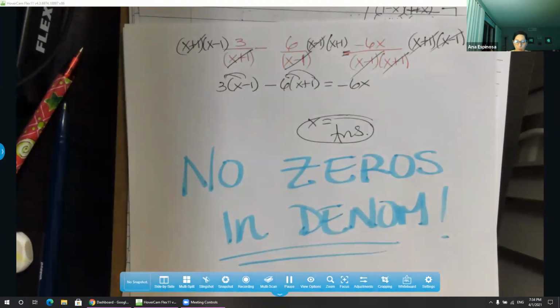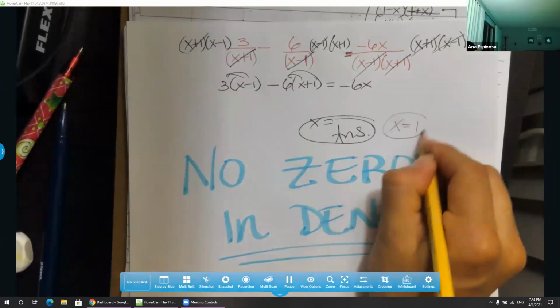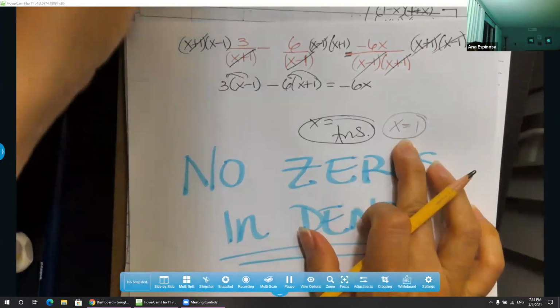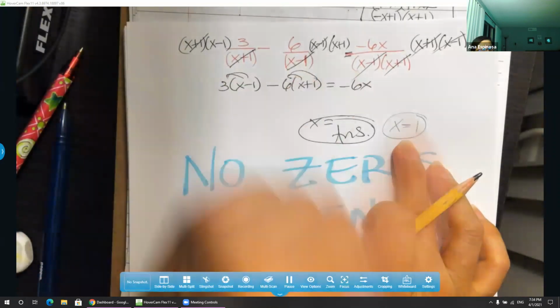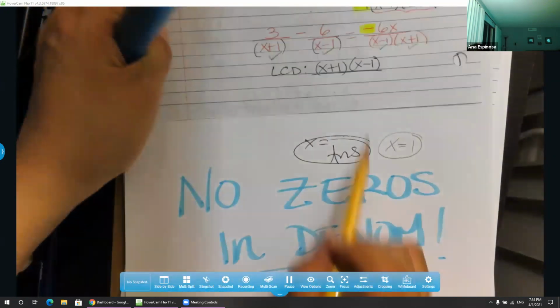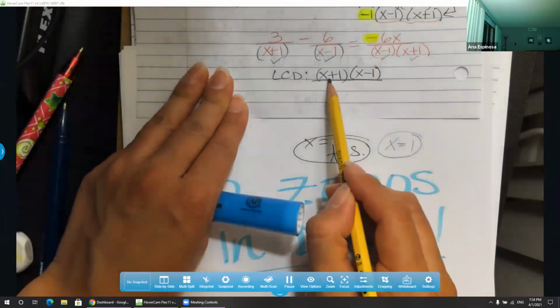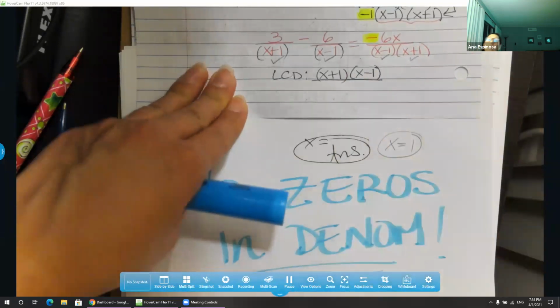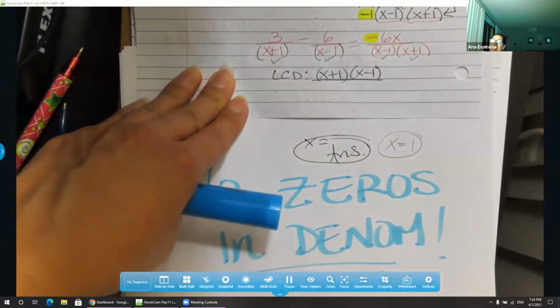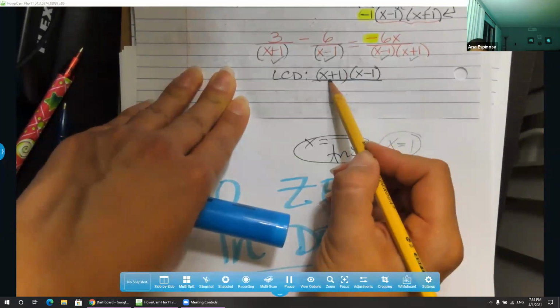So let's suppose you got an answer of x equals 1. If I put a 1 in some of the denominators, I would be creating zeros. So how do we test our answer? Go back to your LCD and make sure that this answer will not create a 0 in either of these. Either, not both, but either. Like this one, that creates a 2, we're good.